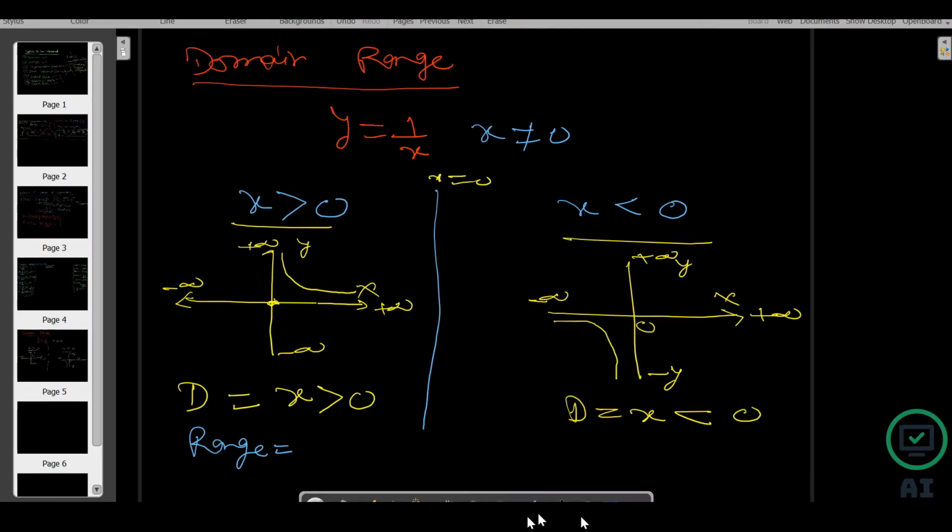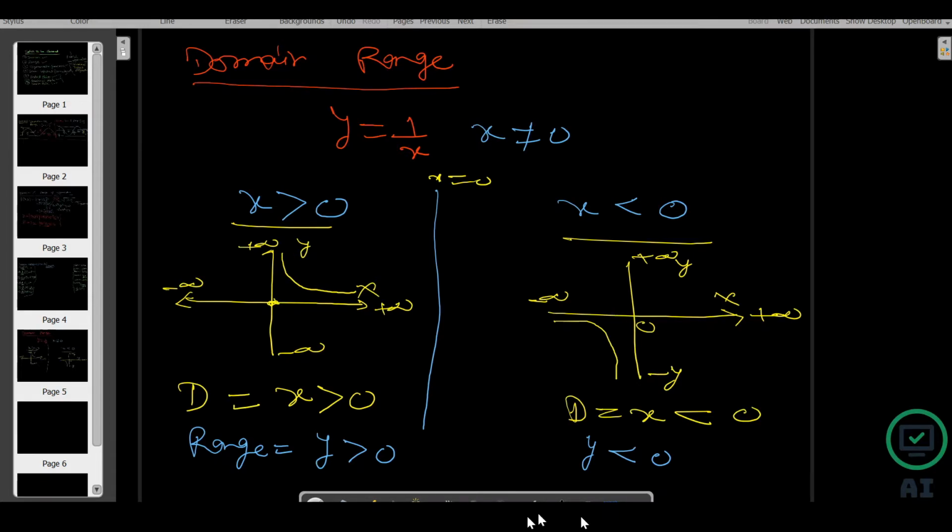If you see here, y is greater than 0. When x is greater than 0, y is always greater than 0. And here, when x is less than 0, y is less than 0. On the minus side, you can see here, plus side.